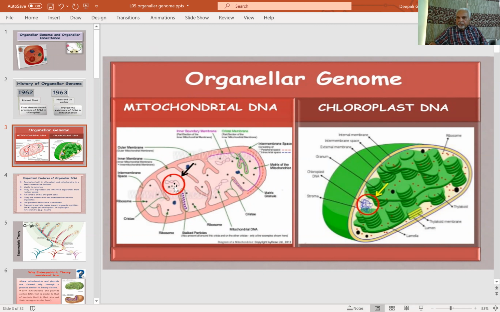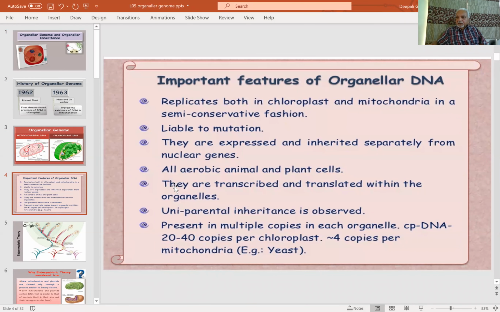Now, what are the salient features of organellar DNA, or in today's term, organellar genome? Like nuclear DNA, chloroplast and mitochondrial DNA also replicate, and they follow the same semi-conservative mode of DNA replication.